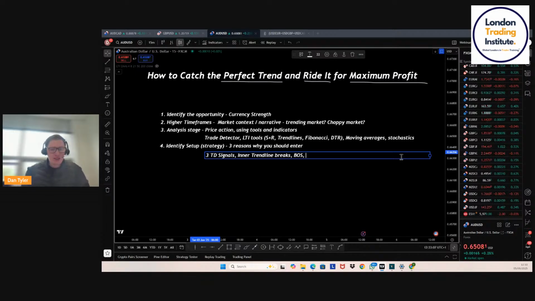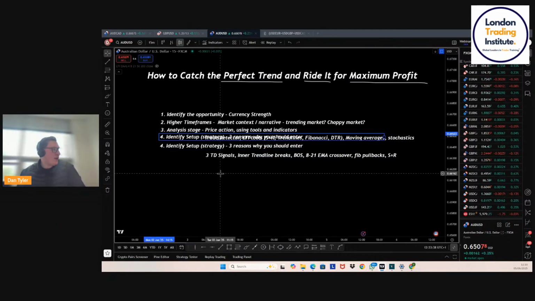I also want to see the 8 and the 21 EMA crossover. I also want to see pullbacks, so fib pullbacks. And I want to see pullbacks into support and resistance.